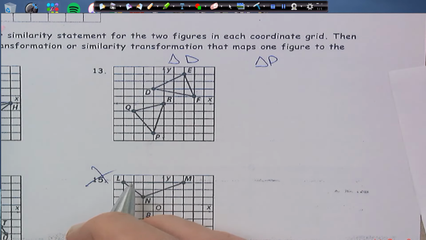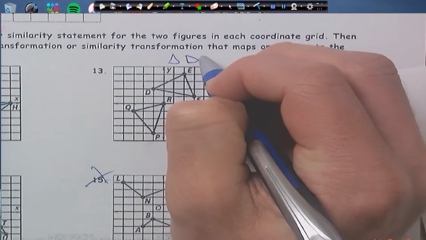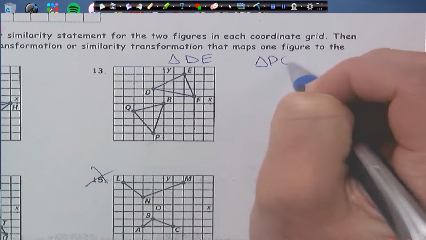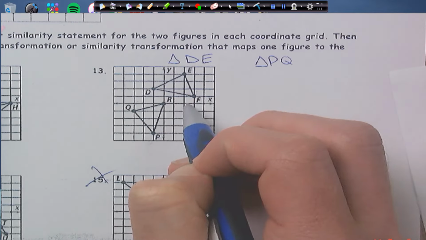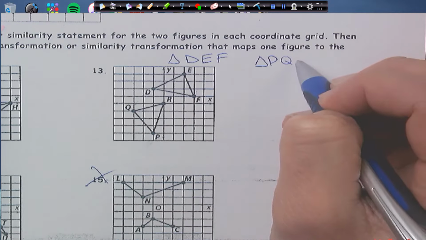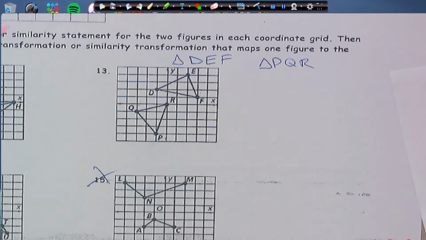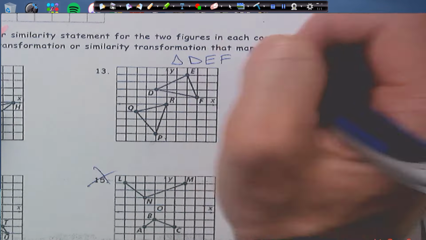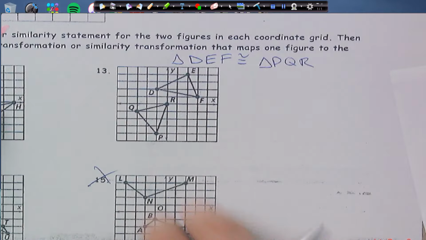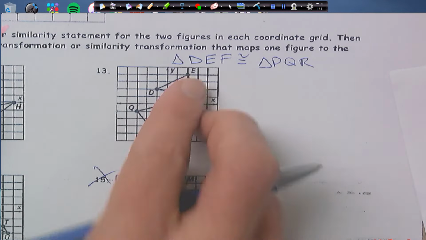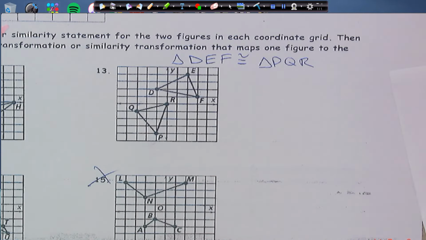And then we're also going to want to match E with Q and F with R. And what you'll notice is PQR, DEF, those are in alphabetical order, so those are the ones I want to line up. Okay? It looks like I'm going to do a rotation and then maybe some work.